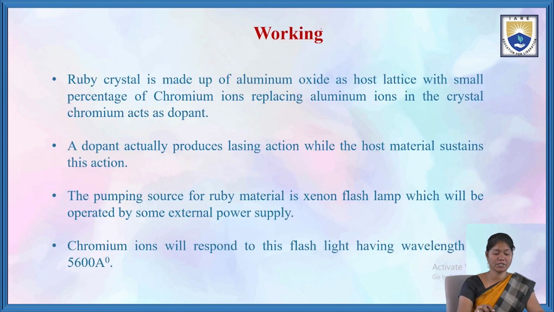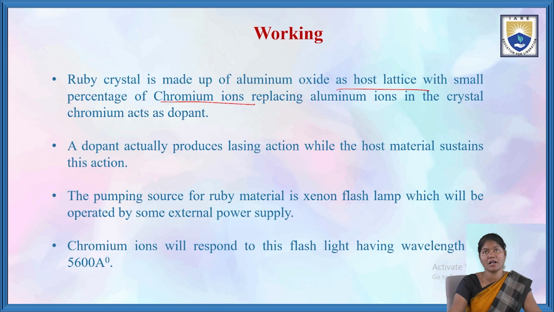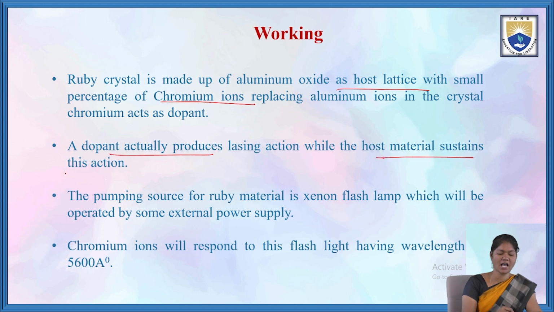Coming to the working, the ruby crystal is made up of aluminum oxide as a host lattice with a small percentage of chromium ions replacing aluminum ions in the crystal. Chromium acts as a dopant. A dopant actually produces the lasing action while the host material sustains this action.